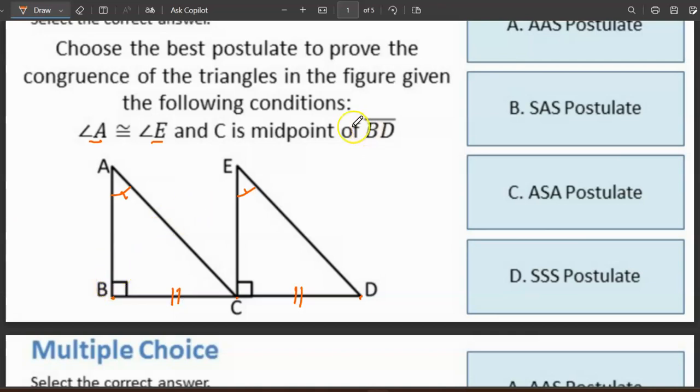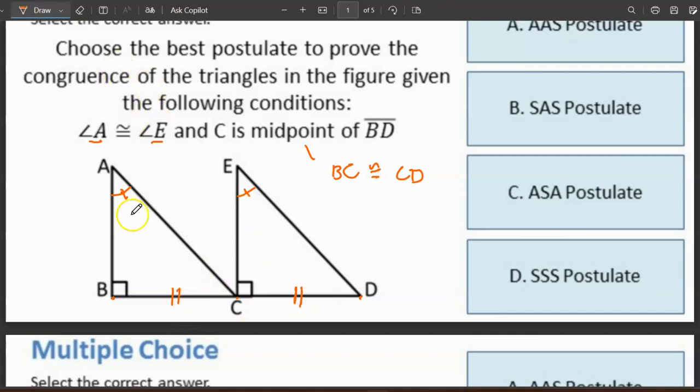Because of this one, we will have BD, no, that's not BD, that's BC. BC is equal or congruent to CD. So from this, we have an angle, and a side and a side.